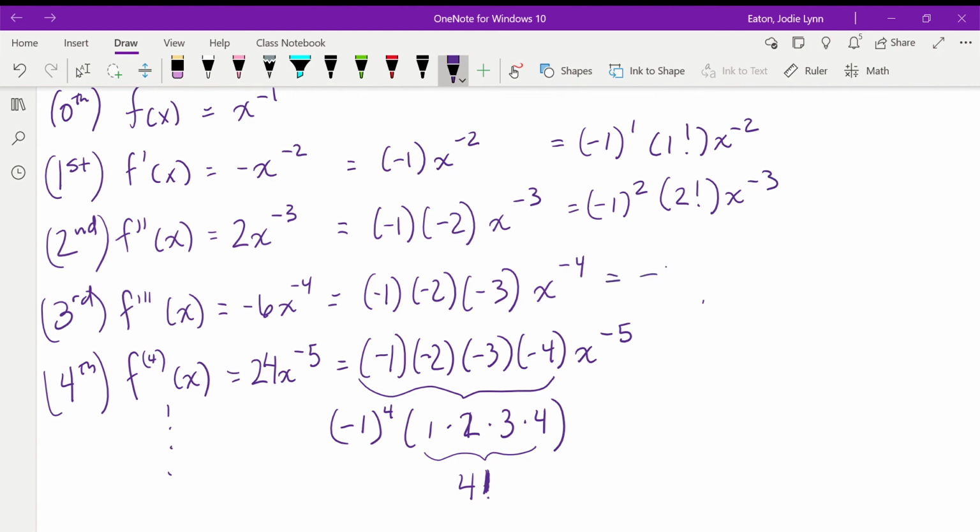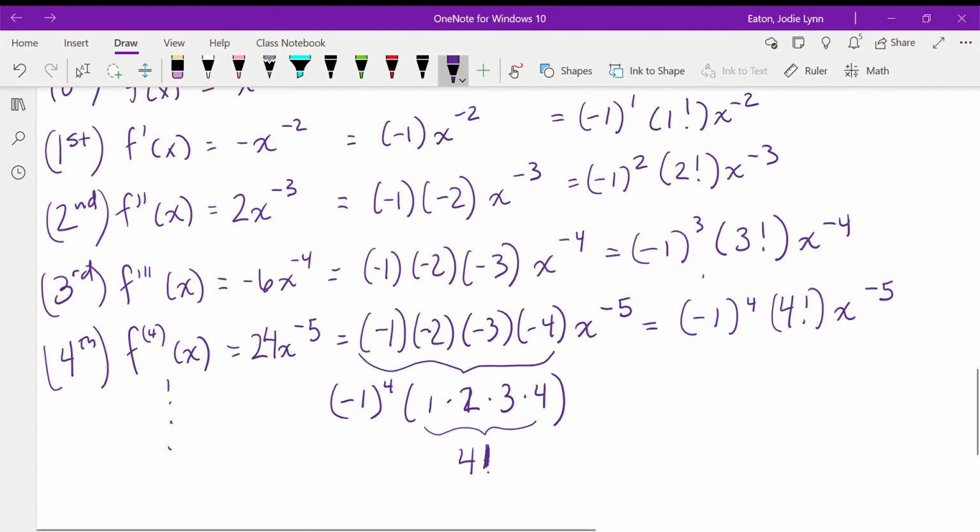This one is equal to negative 1 cubed times 3 factorial x to the minus 4. And this one is equal to negative 1 to the 4th times 4 factorial times x to the minus 5. So now we've got this in a pattern. The number we're taking the factorial of is getting bigger by 1. The number here is getting smaller by 1 each time.